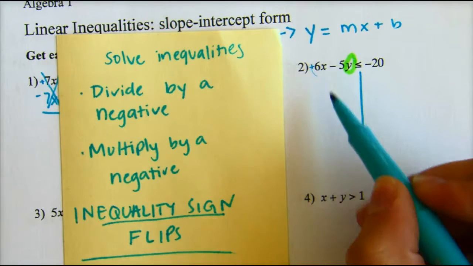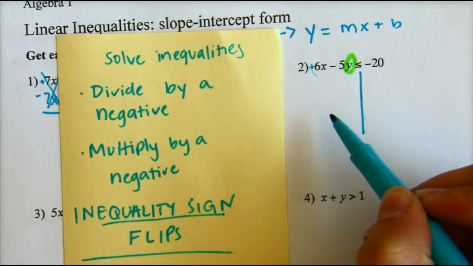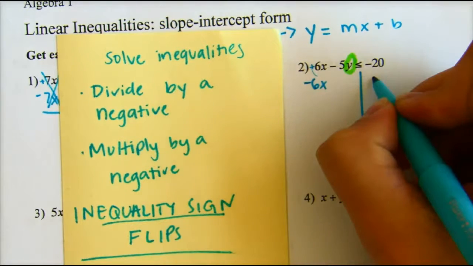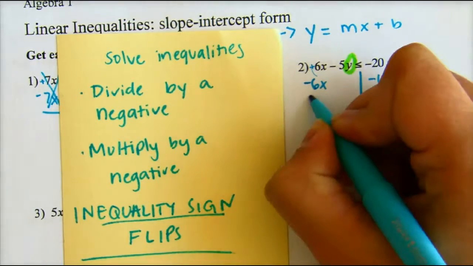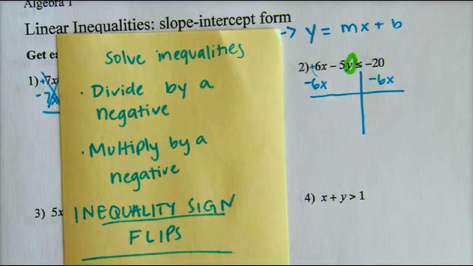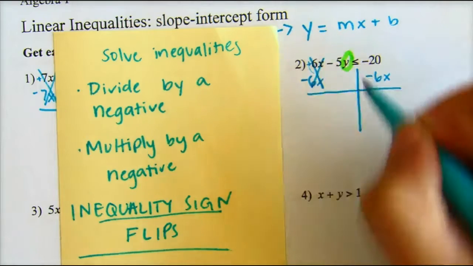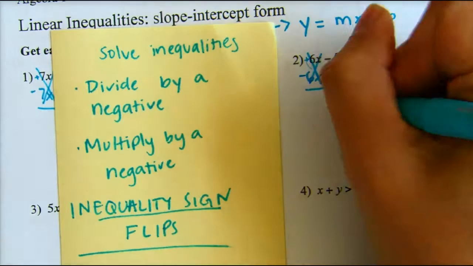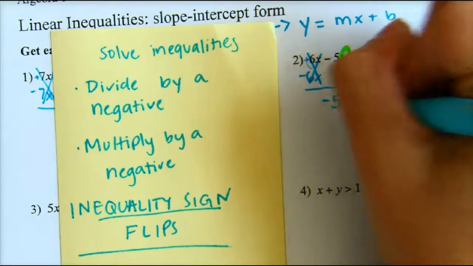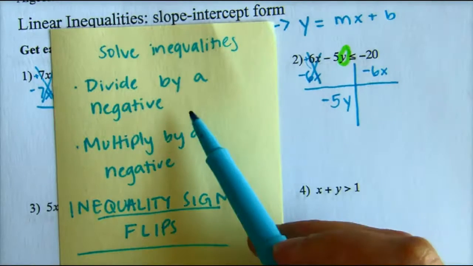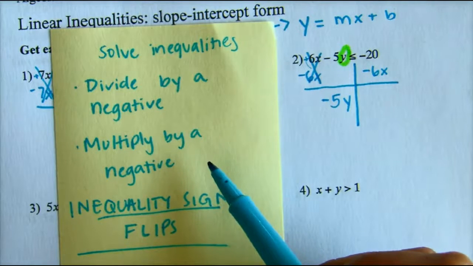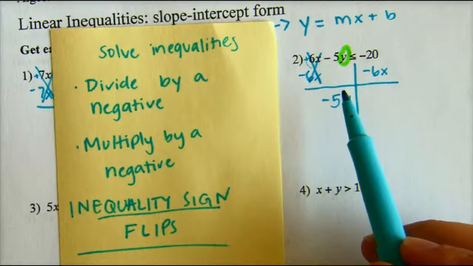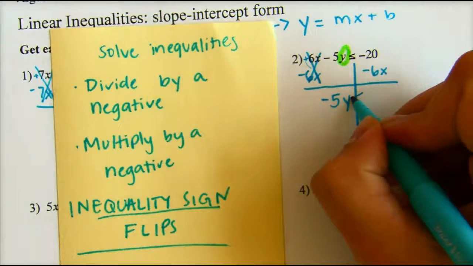Similar to the last one, this is a positive 6x. So to get rid of it, I'm going to subtract 6x from both sides. Okay, when I do that, my 6x's are going to cancel out. I'm going to bring down my negative and the 5y. Did I divide or multiply by a negative number? No, I subtracted 6, but that's not dividing or multiplying. So my inequality sign will stay the same.